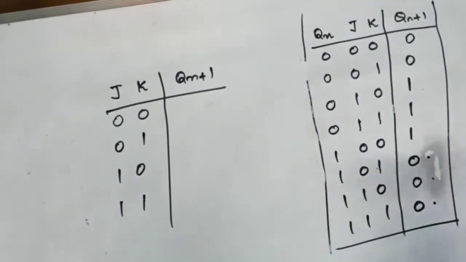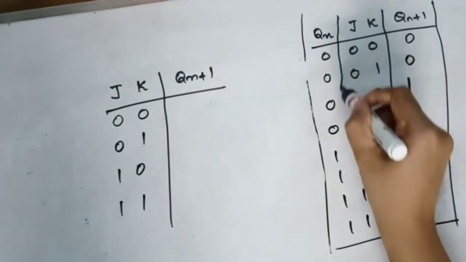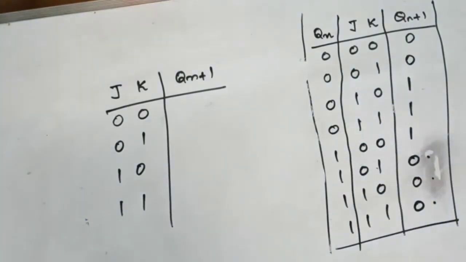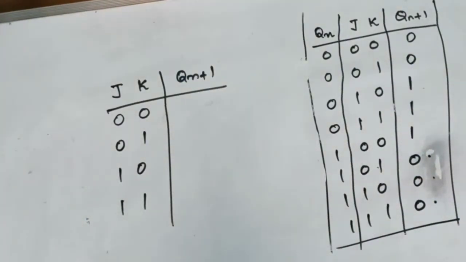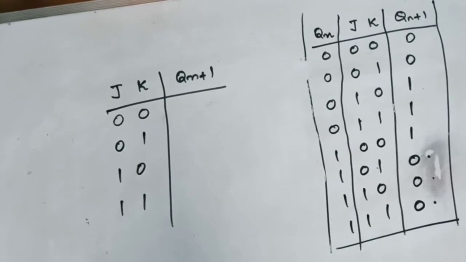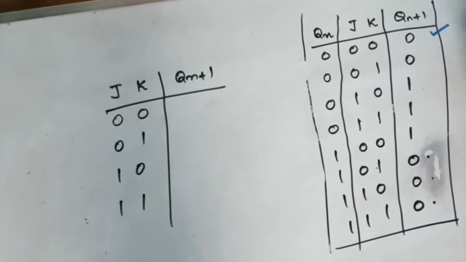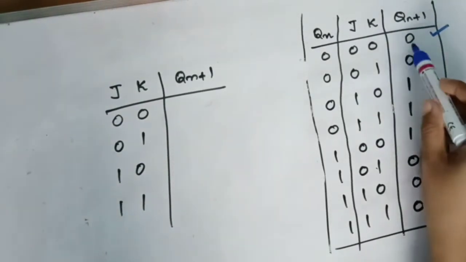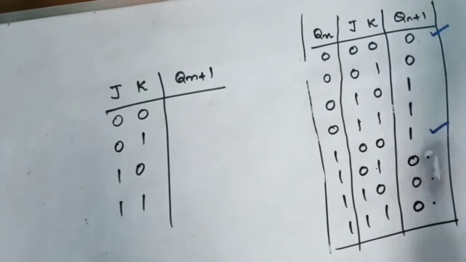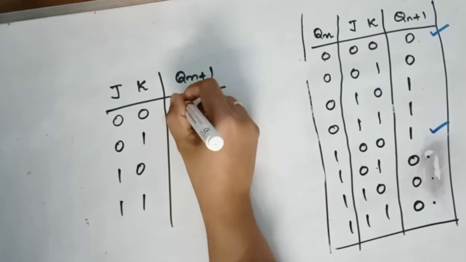So 0, 0 will be J0, K0 will be this and this. So if you check, if Qn is 0, Qn plus 1 is 0, Qn is 1, Qn plus 1 is 1. So this is Qn.